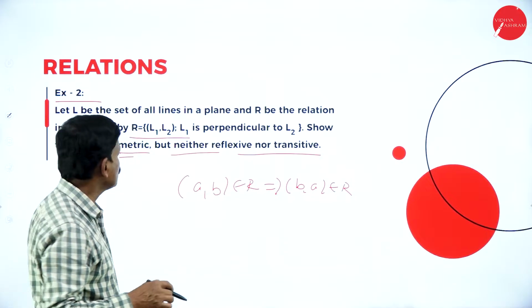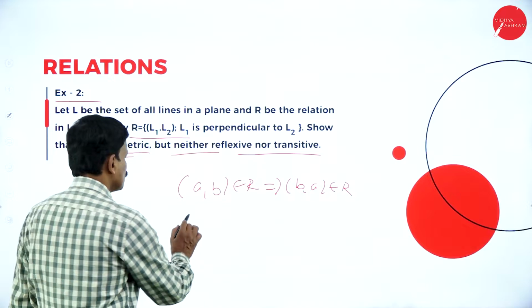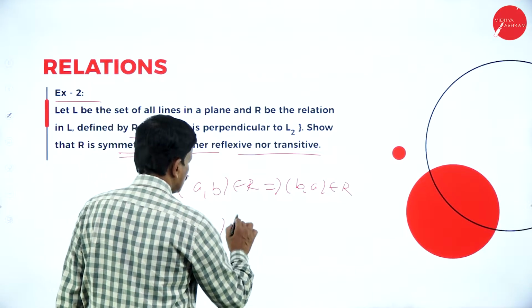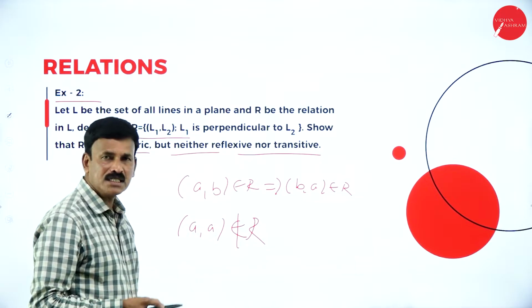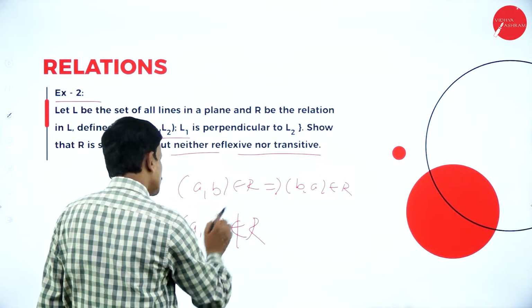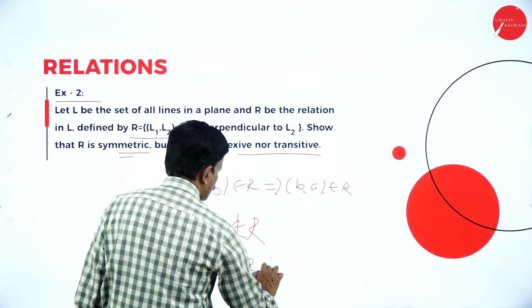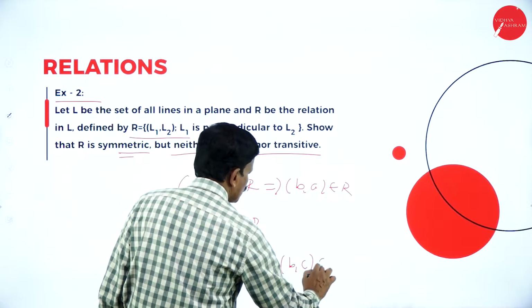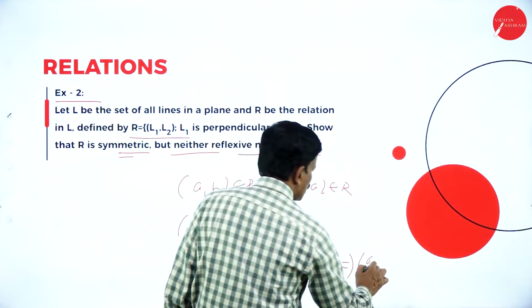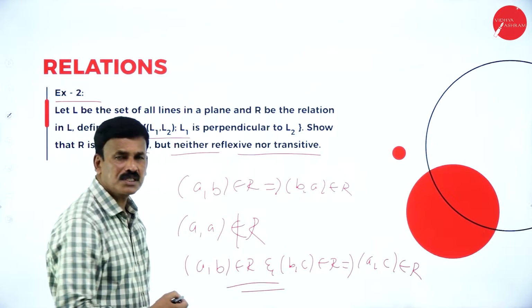R is symmetric but neither reflexive, that is (A, A) does not belong to R, nor transitive. Transitive means (A, B) belongs to R and (B, C) belongs to R implies (A, C) belongs to R. So, verify whether these two properties are satisfied.